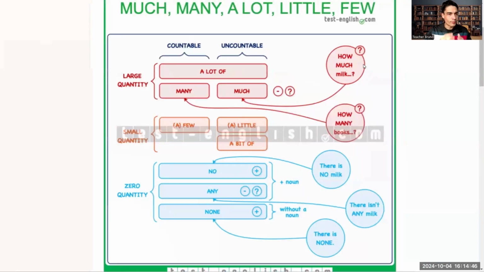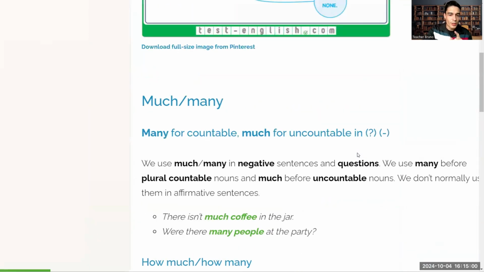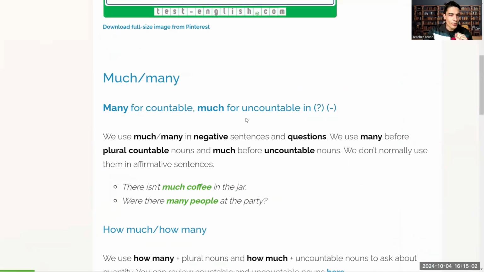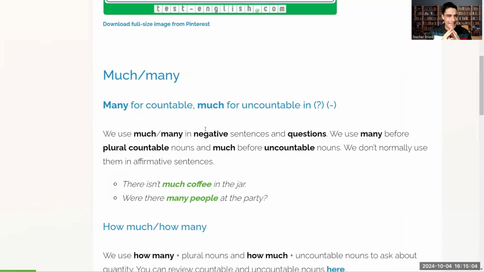The questions are how much, for example, how much milk, how much time do you have to study English, how many books do you have? So much and many are used for nouns, unspecified, large amounts.